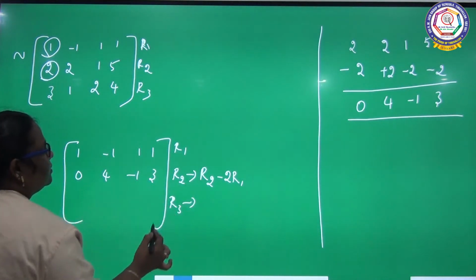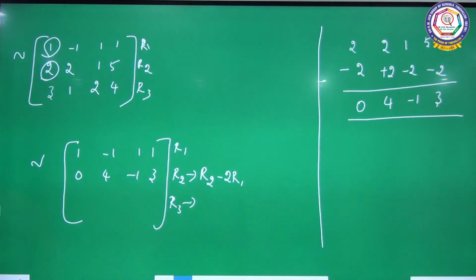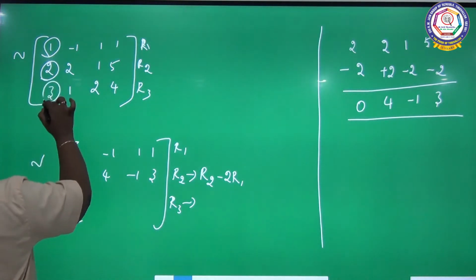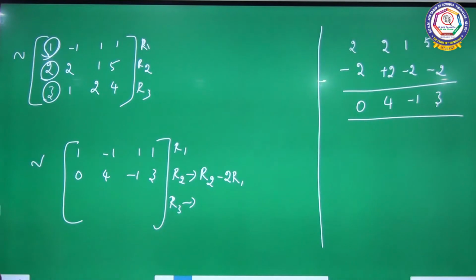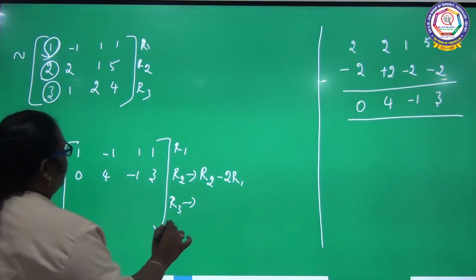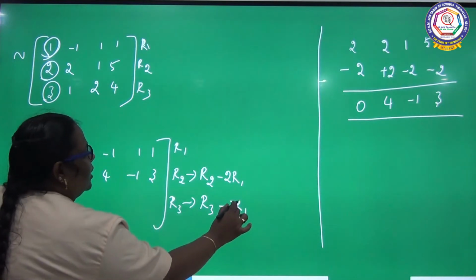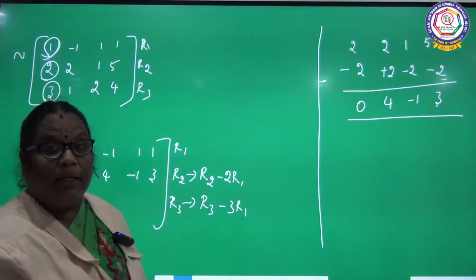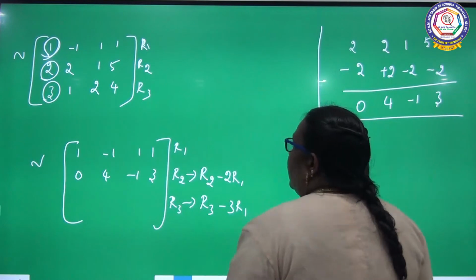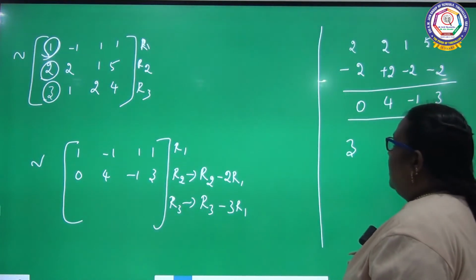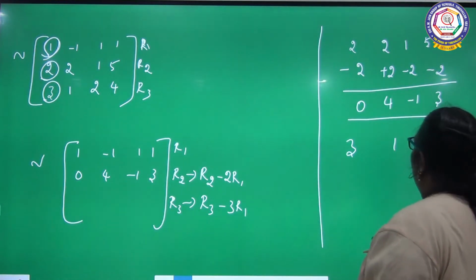R3 gives the same way. R3 and R1, the same way you can proceed. R3 gives R3 minus 3R1. What is R3? 3, 1, 2, 4.